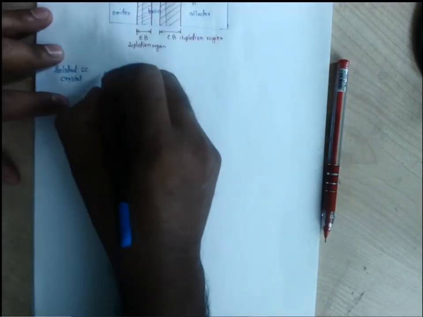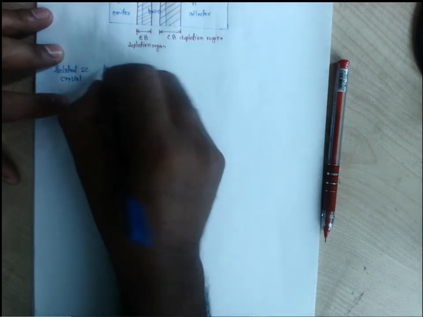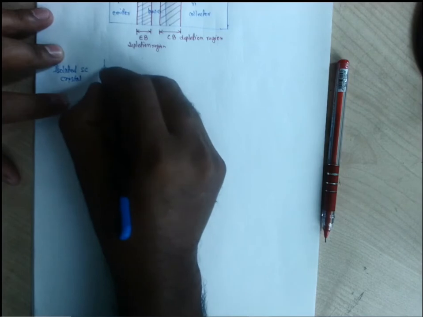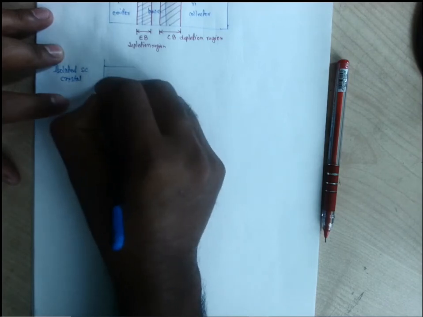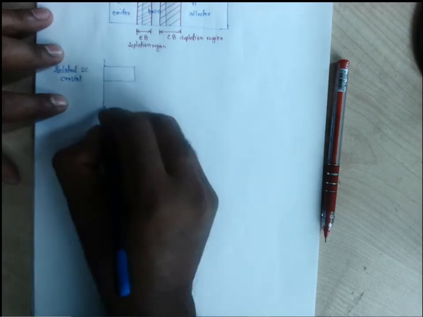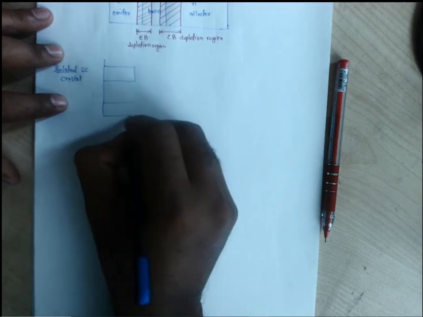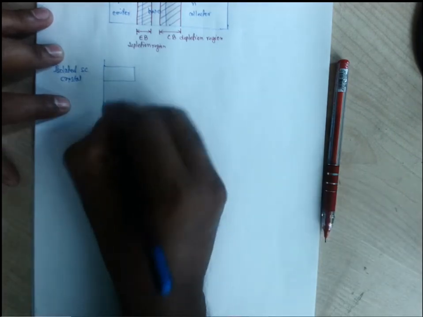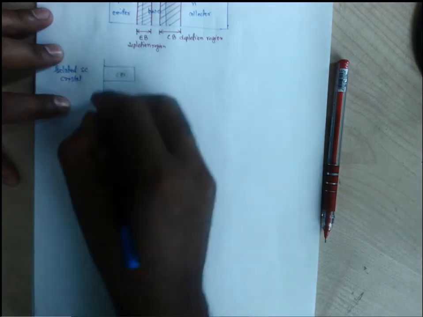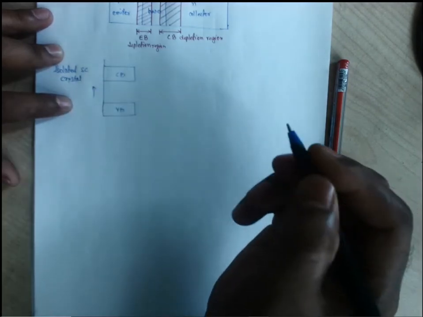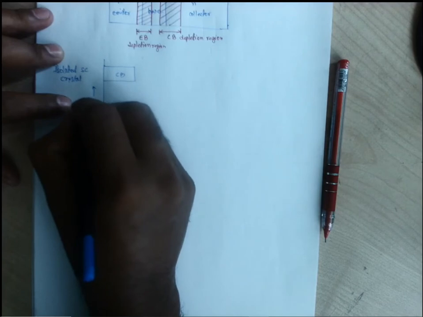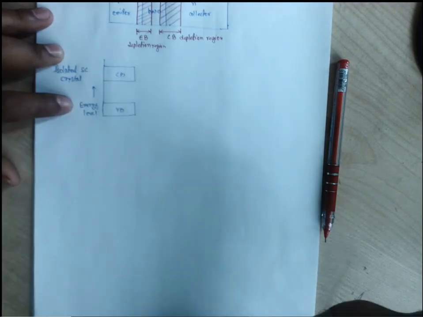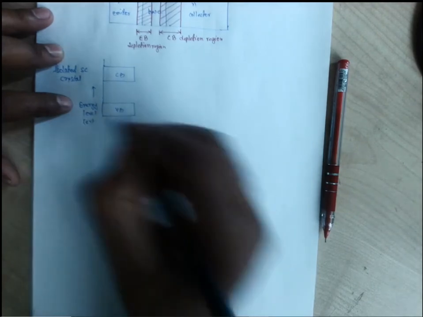So if we consider the isolated semiconductor crystal, solely this emitter only, we'll find some conduction band, forbidden energy gap, and the valence band. This side is your energy level, in electron volts.